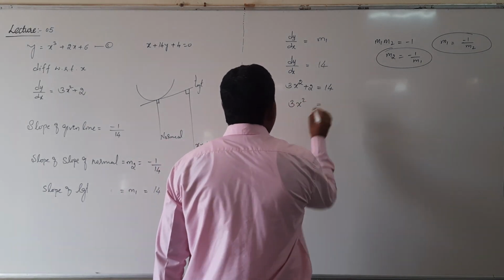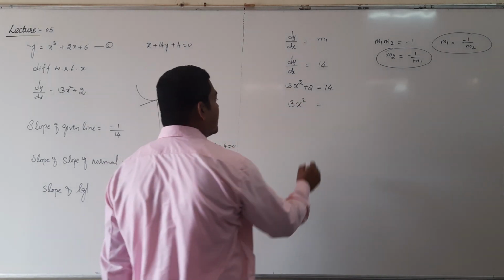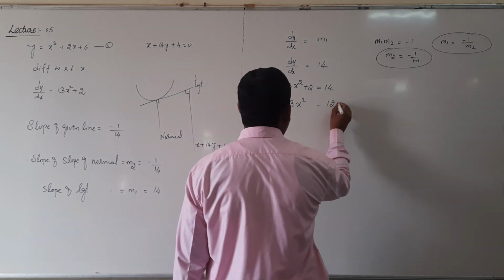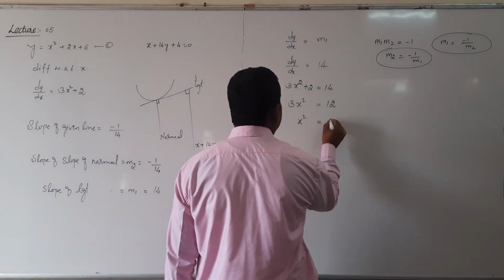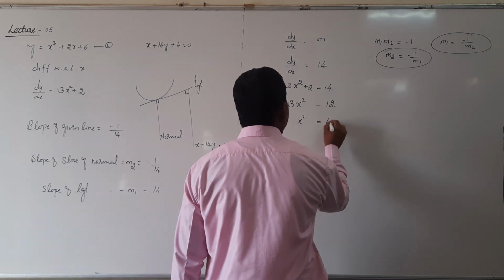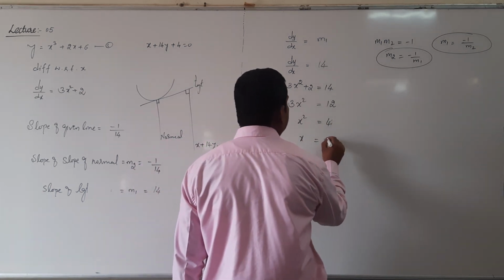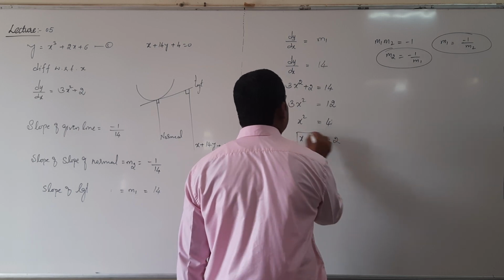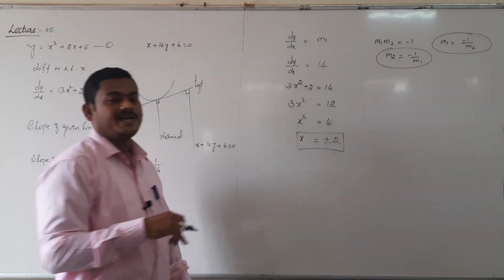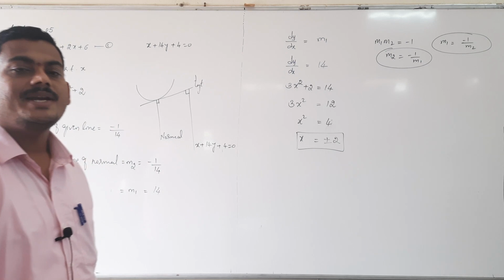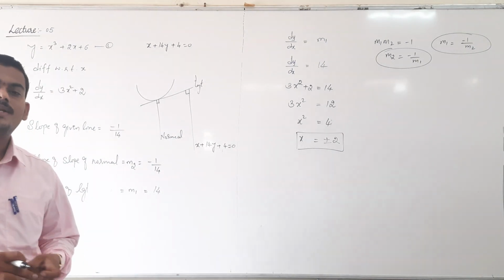Then 3x square is equal to 12. Then x square equal to 4, then x equal to plus or minus 2. In this case there exist 2 points, which means we need to find 2 normals.